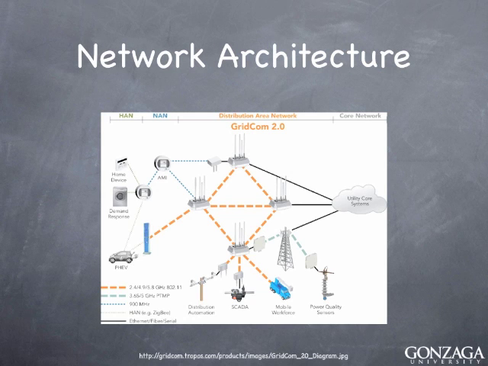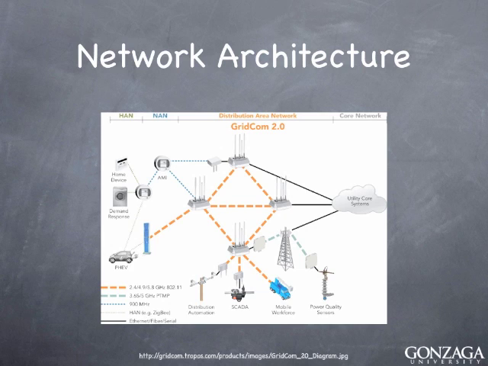What you see on this slide is really one of many different possibilities for a network architecture for smart grid. This particular one is very close to what we have implemented at Avista for our smart grid investment grant and smart grid demonstration projects.